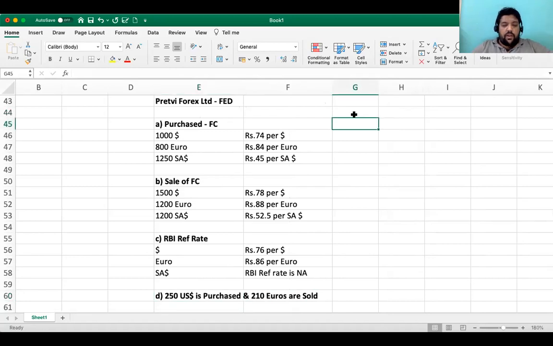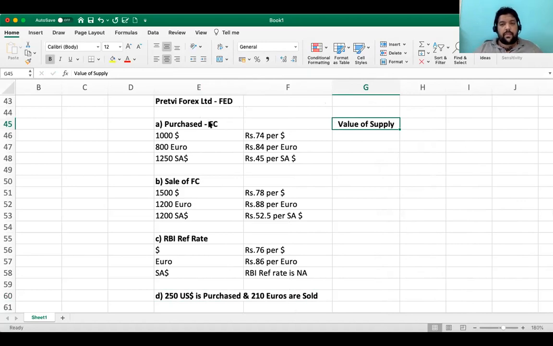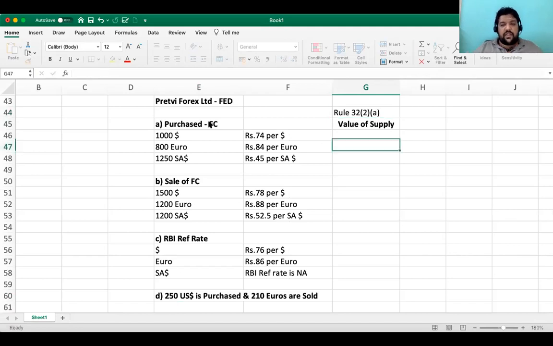So what will be your value of supply as per rule 32, sub rule 2, clause A. Do I need to remember this? In my view, yes, because the questioner can cite this rule and ask you to determine the value of supply.